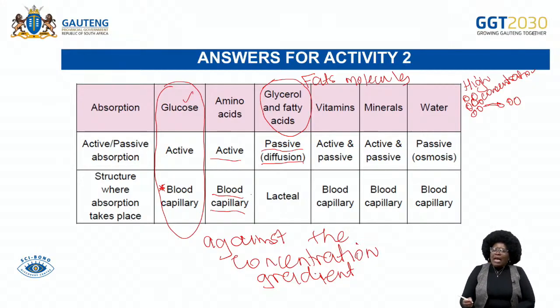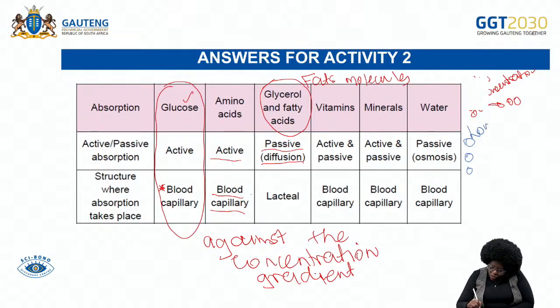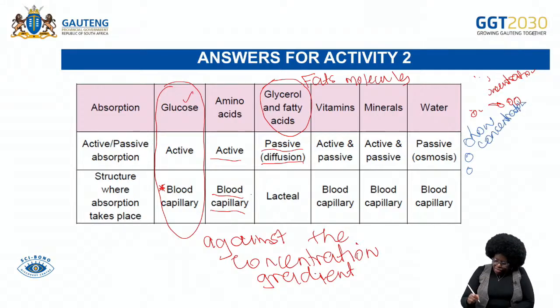However, when we speak about active absorption, for example, I'm going to give you another illustration. Let's quickly clean this. Okay. So if we have this, this is our low concentration, and then we've got our high concentration here.